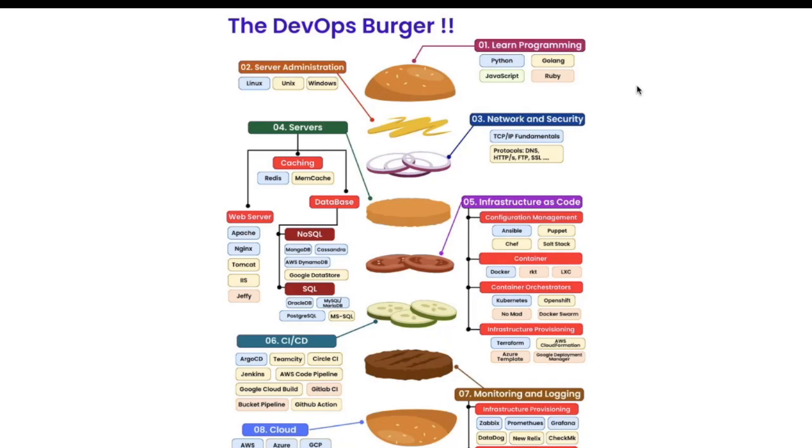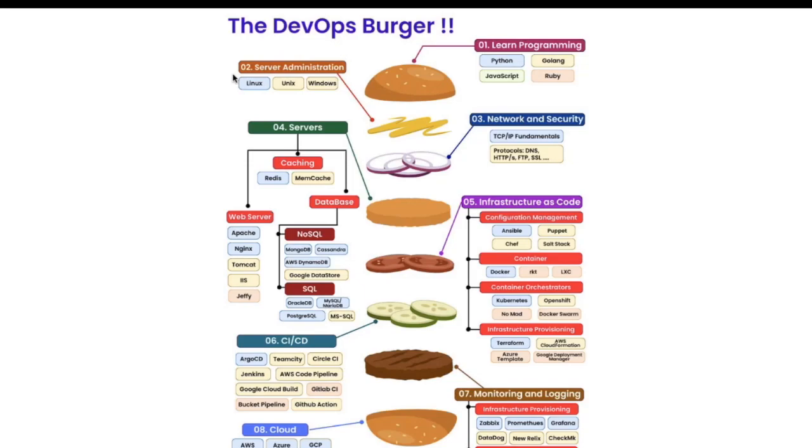You need to have some basic idea about a programming language like Python, JavaScript, Golang, or C Sharp. Anything is fine, but that is not mandatory. If you have the basics of a programming language, that is enough.